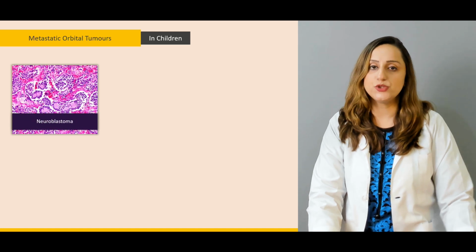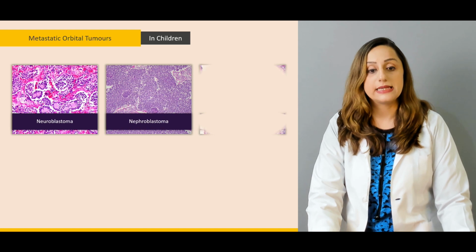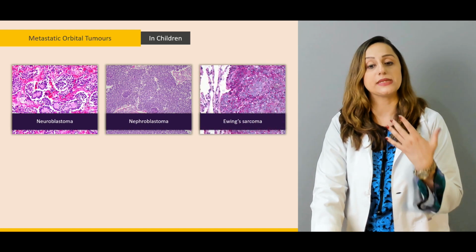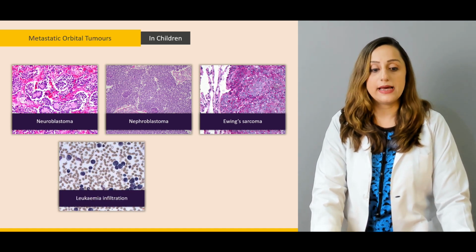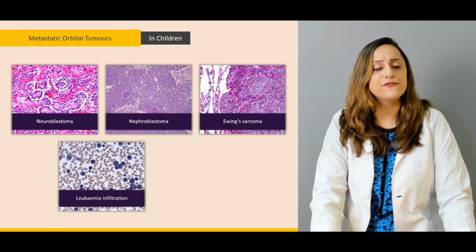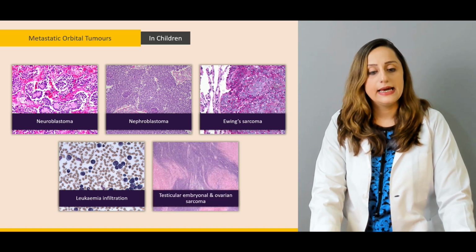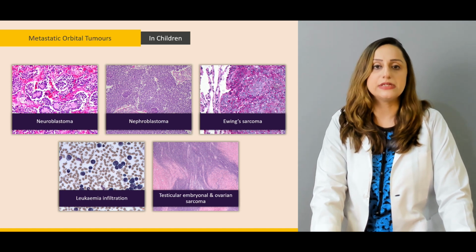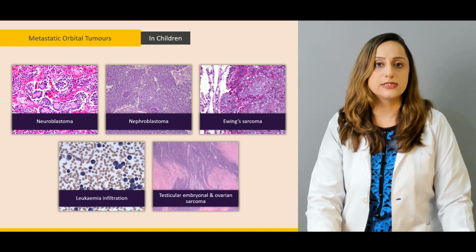In children, the tumors can metastasize. It can be a neuroblastoma. It can be a nephroblastoma, which is basically metastasizing from the kidneys. It can be an Ewing's sarcoma, as well as a leukemia infiltration, blood dyscrasias infiltrating the orbital cavity, as well as testicular, embryonal, and ovarian sarcomas, which can also metastasize to the orbital cavity.